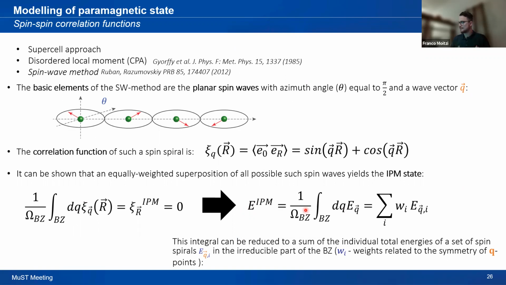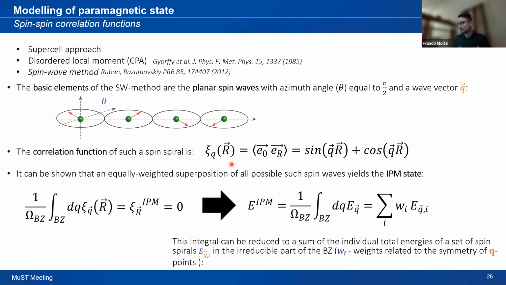But since we do not have to calculate all vectors in our Brillouin zone, we can just reduce this integral to a sum of these individual total energy points of a set of these spin waves or spin spirals in the irreducible part of the Brillouin zone. And they are then just weighted according to the symmetries.